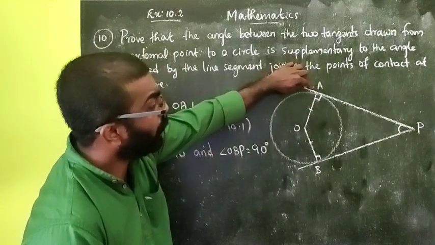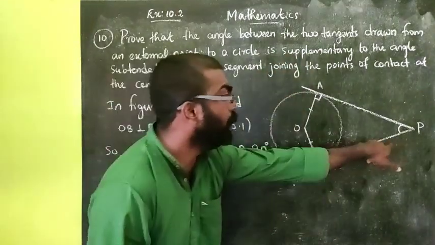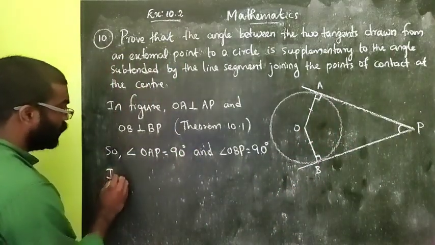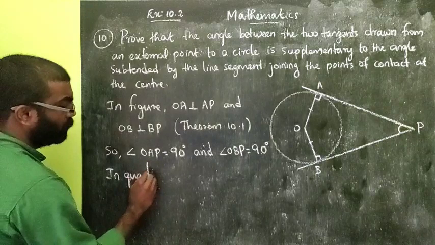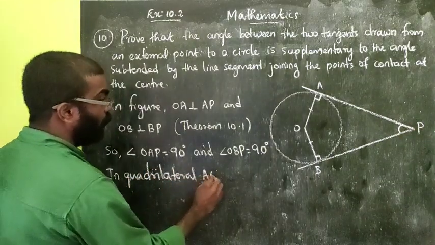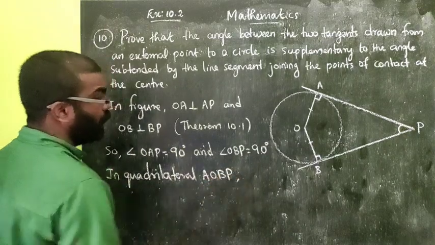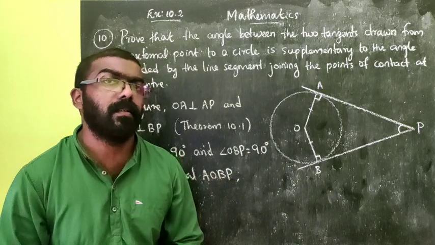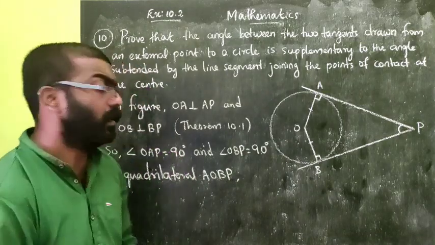Here AOBP is a quadrilateral. So in quadrilateral AOBP, we can apply angle sum property. We know the sum of angles of a quadrilateral is equal to 360 degree.